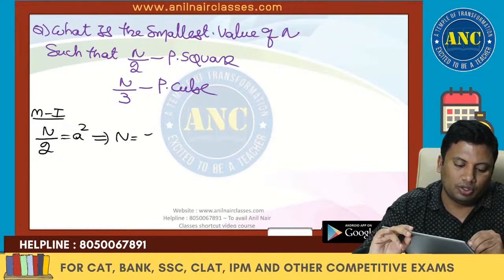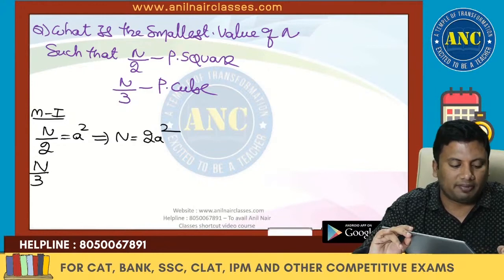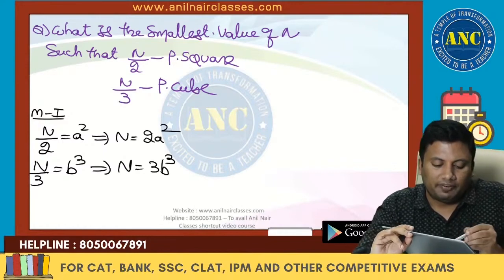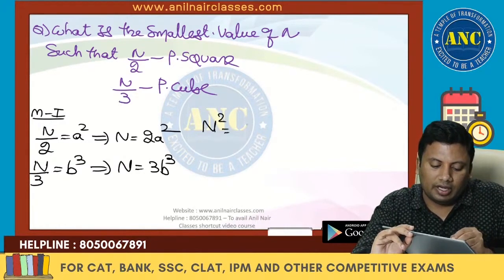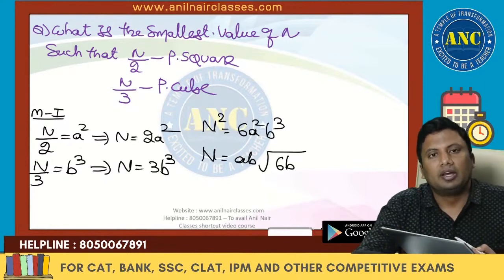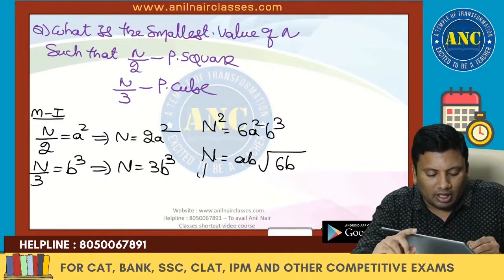n is 2a². n/3 is a perfect cube, so n is 3b³. If I multiply, n² is equivalent to 6a²b³, so n is ab√(6b).